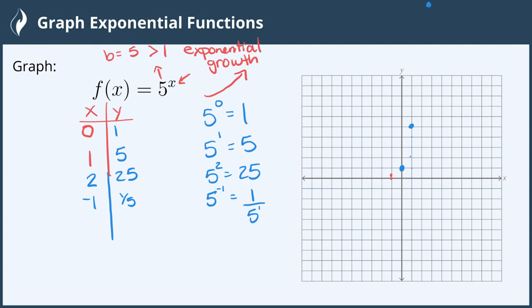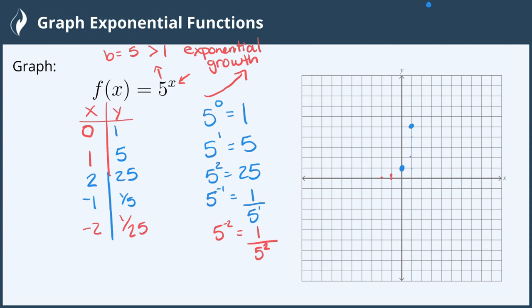And if we continue going that direction, like -2, we'll get 5 raised to the -2, and just like before, we'll take it down, which makes it 5 to the +2. 5 squared is 25, so we get 1 over 25, which would be very, very small right here.